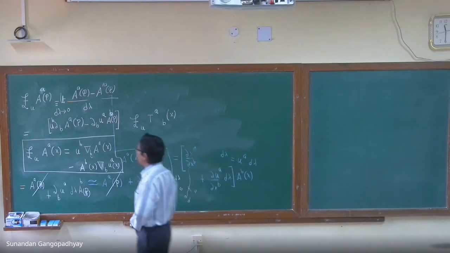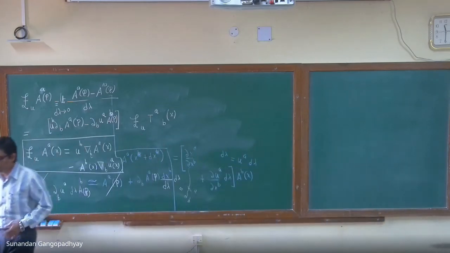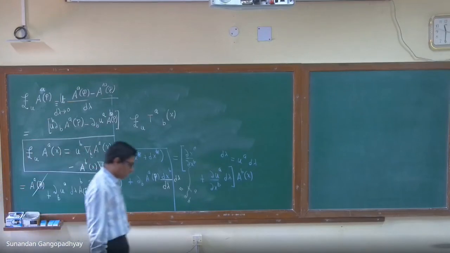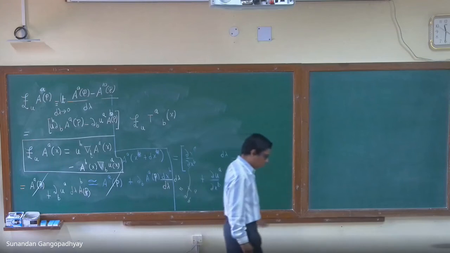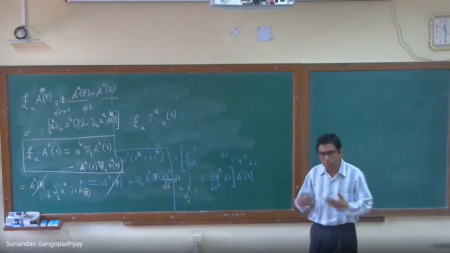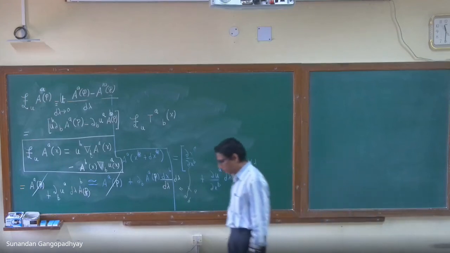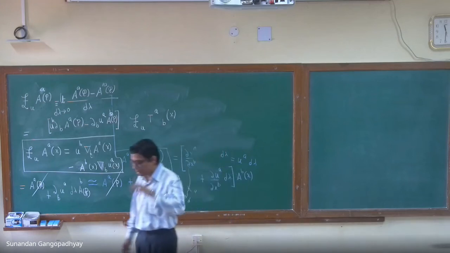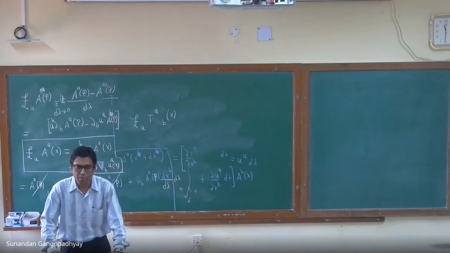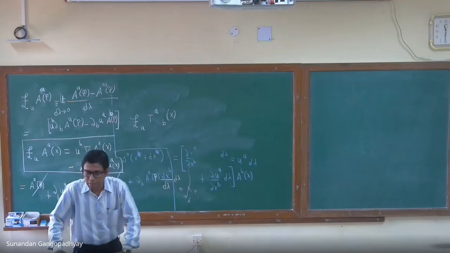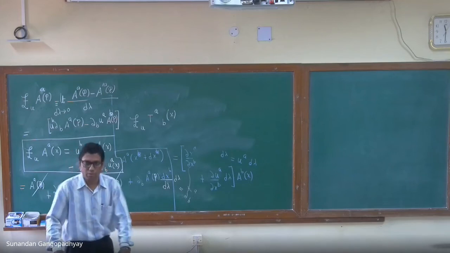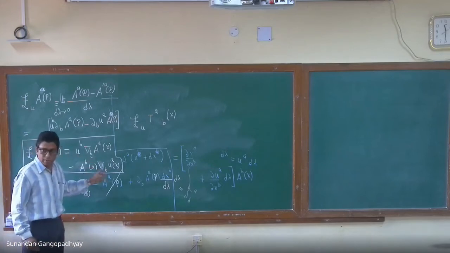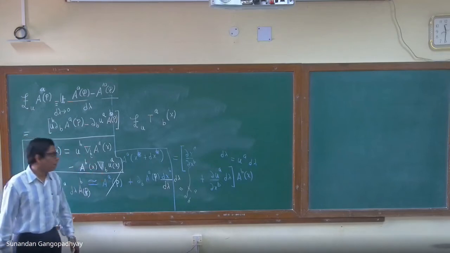I just wanted to introduce this because I wanted to show you at least two differentiation operations on a manifold. We have learned what the covariant derivative is, and you know its physical significance: whatever equations you write in general relativity or in physics, they should be covariant under general coordinate transformation. That is why we needed to introduce the covariant derivative operator. That was from the demand of physics.